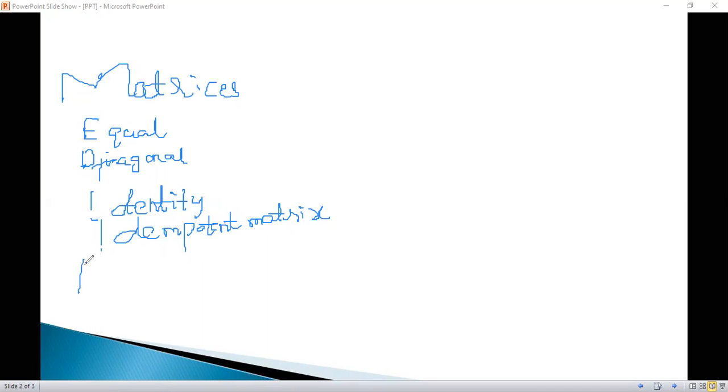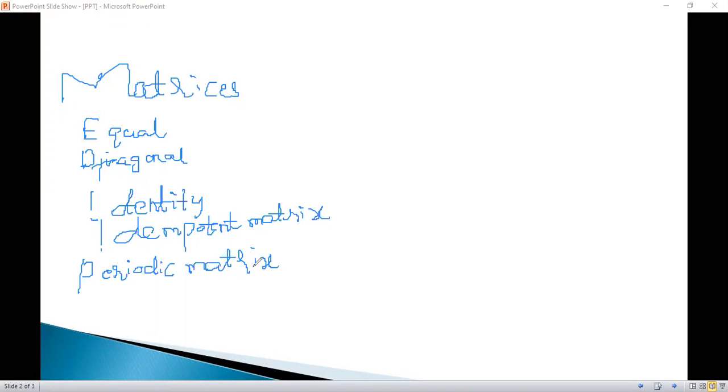After that, periodic matrix. Periodic matrix means A power K plus 1 equals A. Then we say that A is periodic, and K is the period of that matrix.